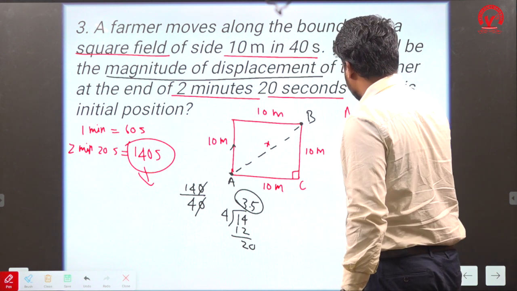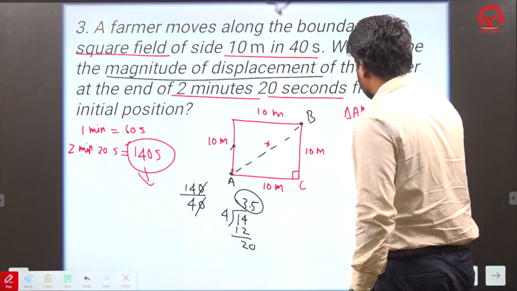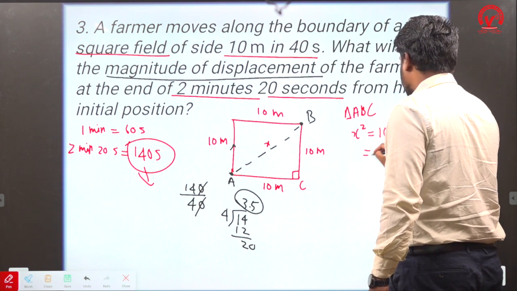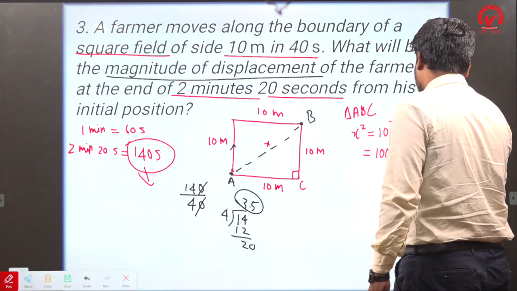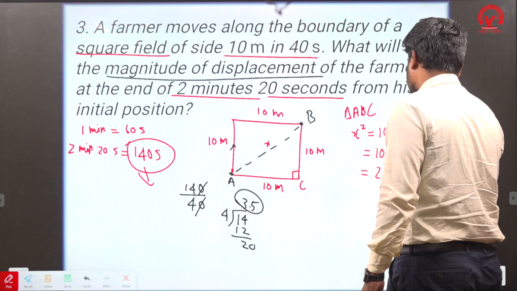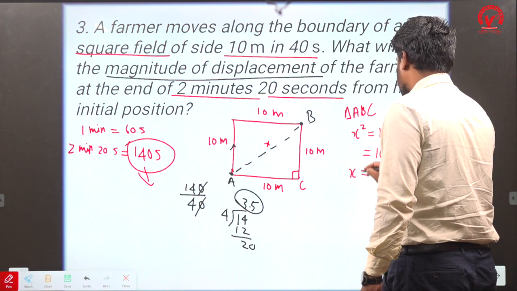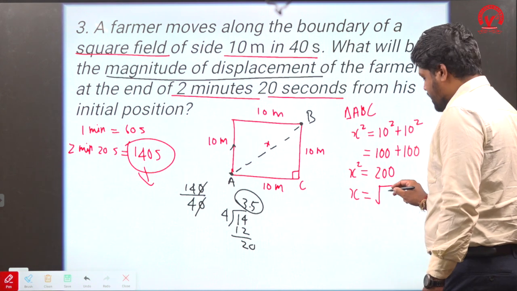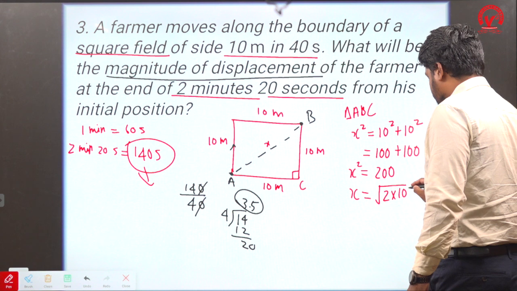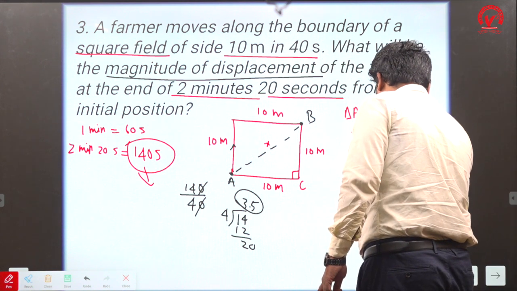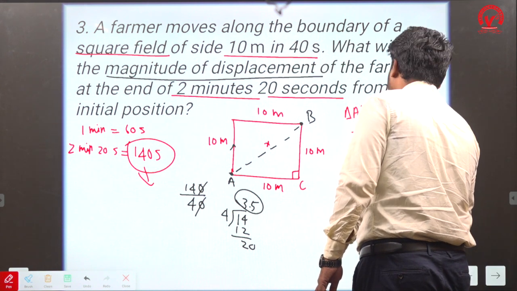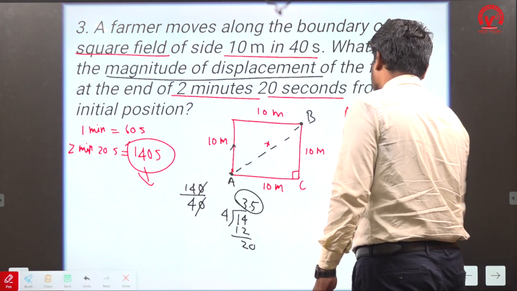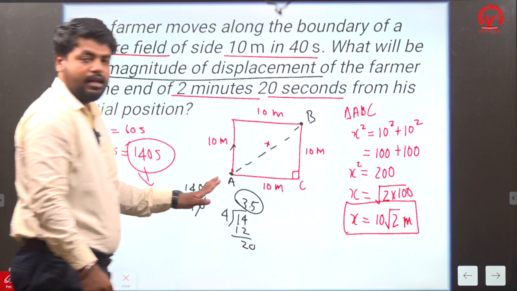So in triangle ABC, H square is equal to 10 square plus 10 square, which is equal to 100 plus 100, which is equal to 200. H is equal to root of 200, which can be written as root of 2 into 100. So H is equal to 10 root 2 meter. This is the displacement.